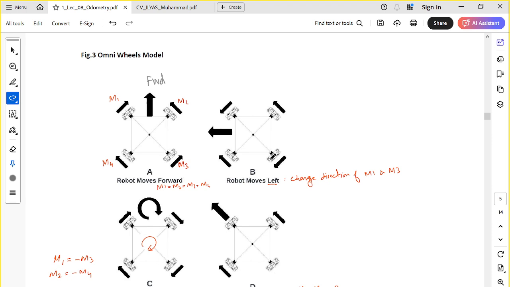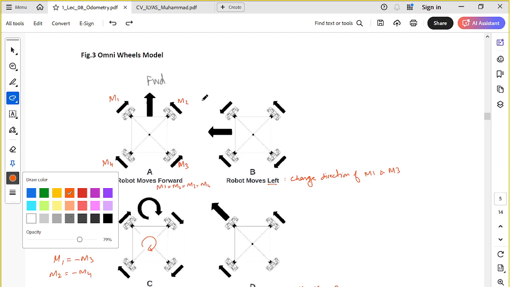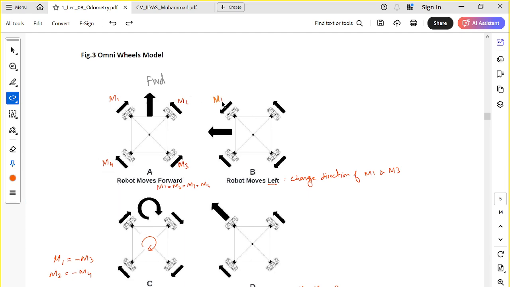So, how do we move leftwards? The robot is standing here, and we want to move it in this direction. How can we do it? In this case, we have to change the direction of M1 and M3. Here we have the M1 motor, here we have the M3 motor.